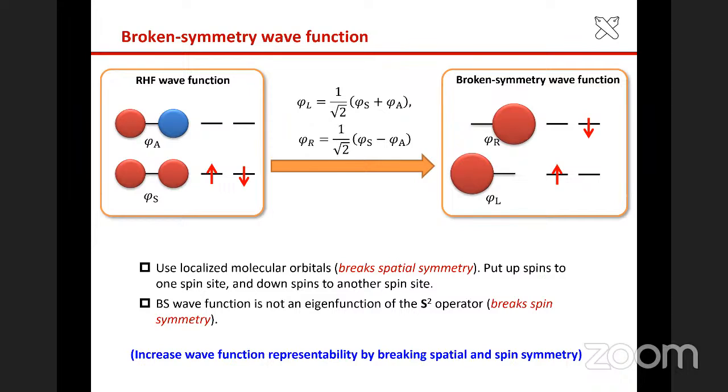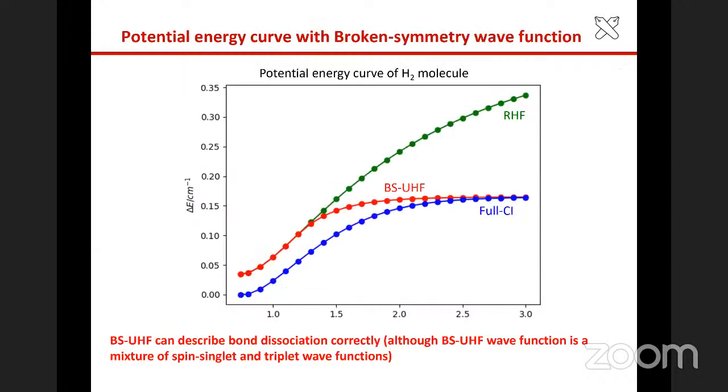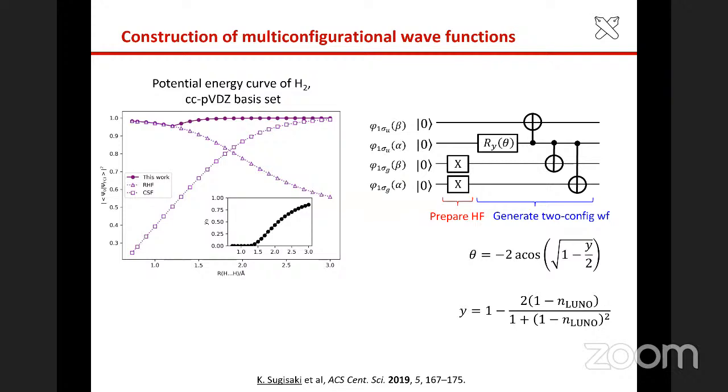But if this configuration is energetically much higher than this configuration, in that case, the HF cycle converges to this state. So this is the reason why the BS-UHF line and Hartree-Fock line overlap here, and we can obtain equivalent overlap values for Hartree-Fock and BS-UHF.